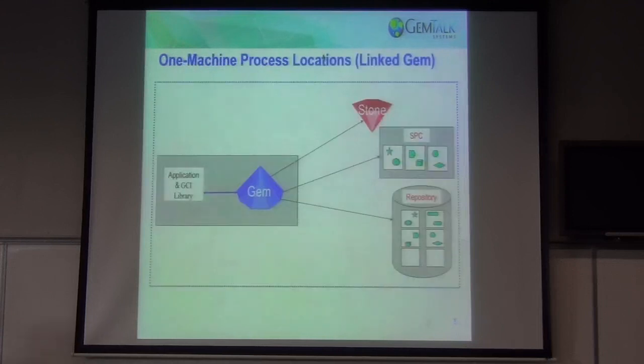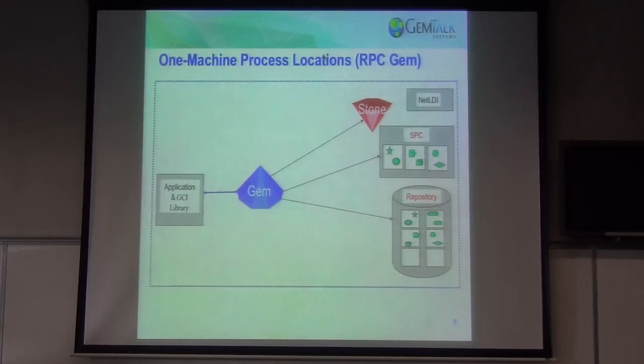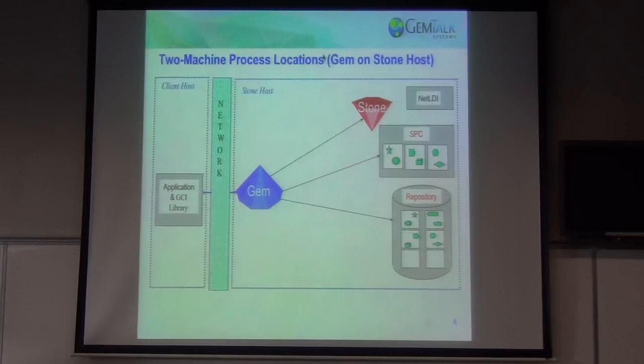That gives you a number of options for configuration for the machines. So we can have a single machine with linked, and so here we have a process that has your application and the gem, and then on the same machine as the stone and the rest of the system. You can have a single machine with the application and the gem in separate processes.